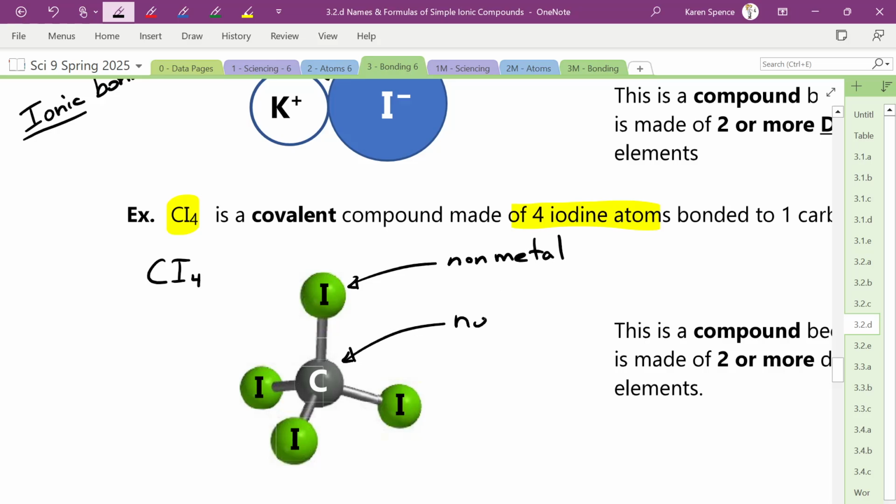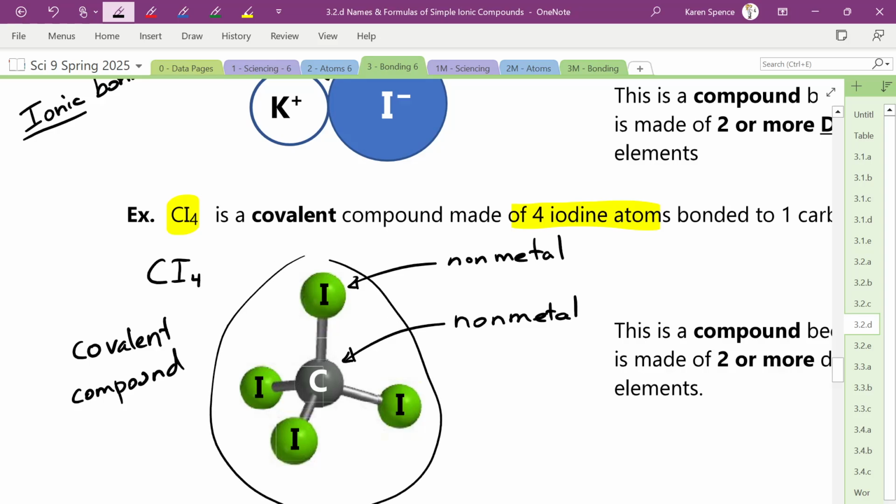Non-metal. So what type of compound is this? This is a covalent compound. What type of particle is this? Is it an atom, a molecule, a formula unit, or an ion? That's a molecule.